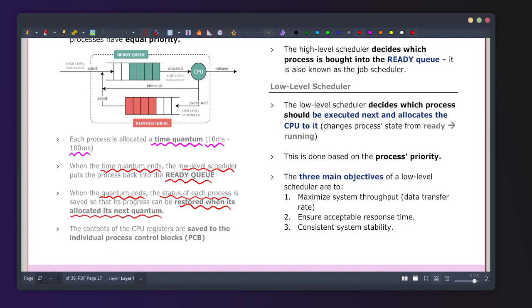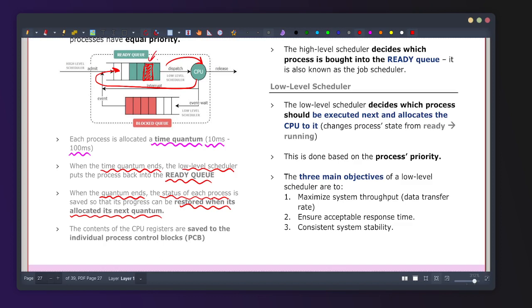This is very important, guys. Now, let's say that there's a process executing in the CPU, but its time quantum is over. It was given 10 milliseconds, nothing more, but it couldn't finish in 10 milliseconds. It'll go back to the ready queue. But then the CPU should know what was the last execution done to this process, right?